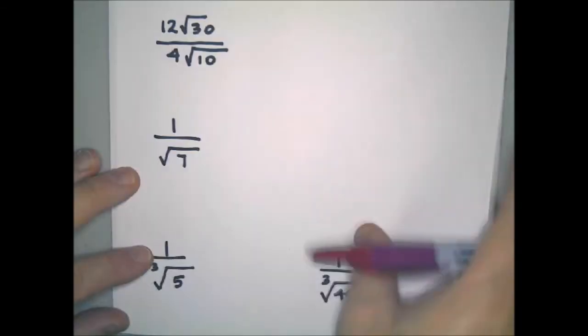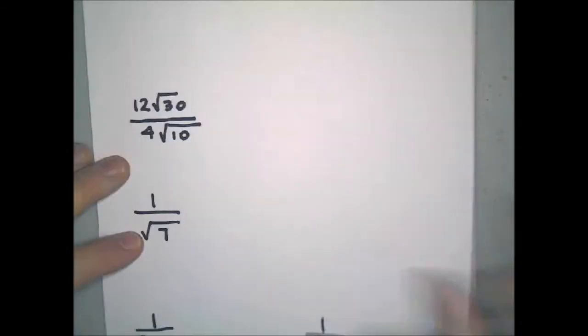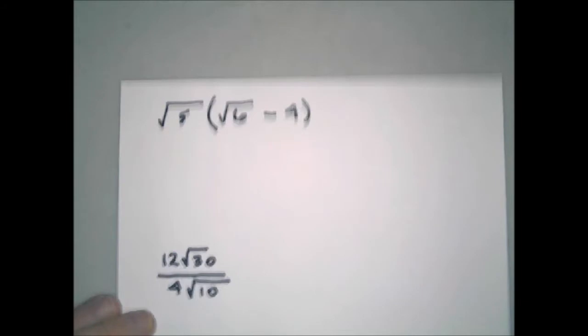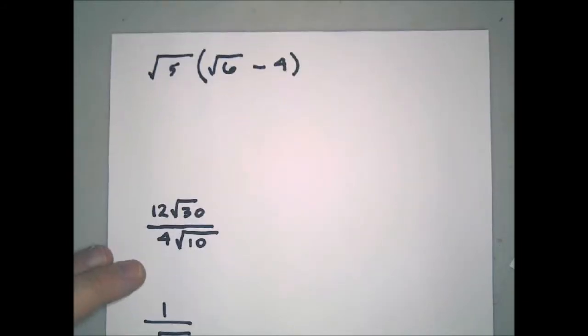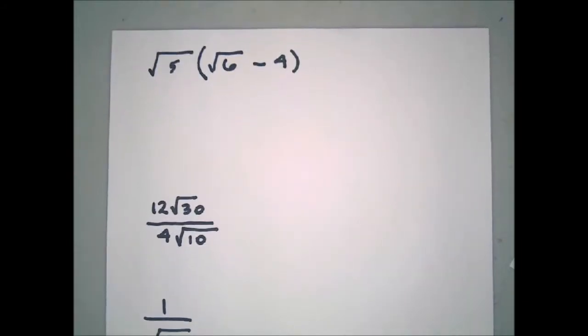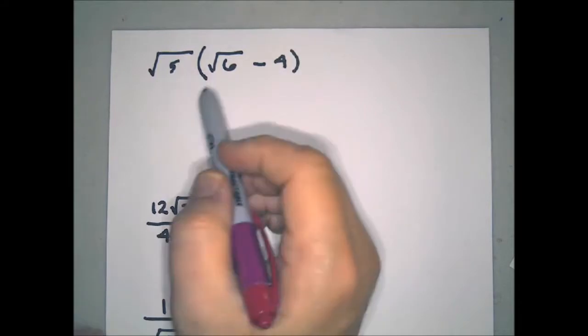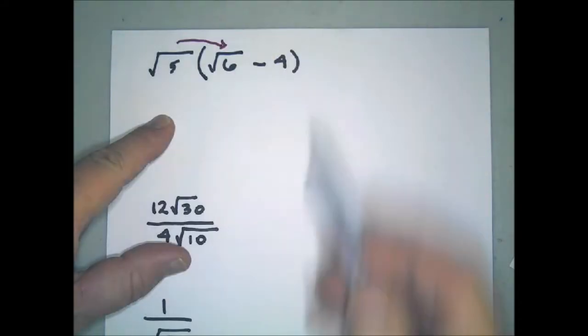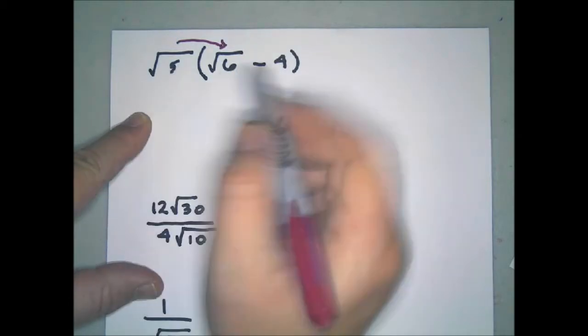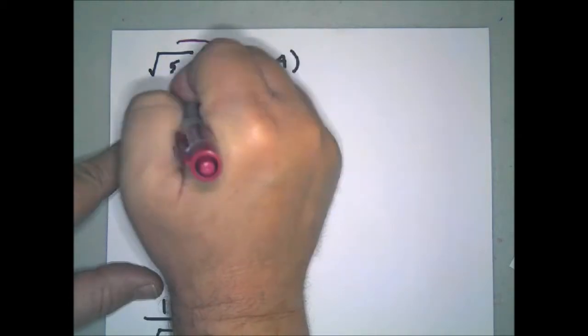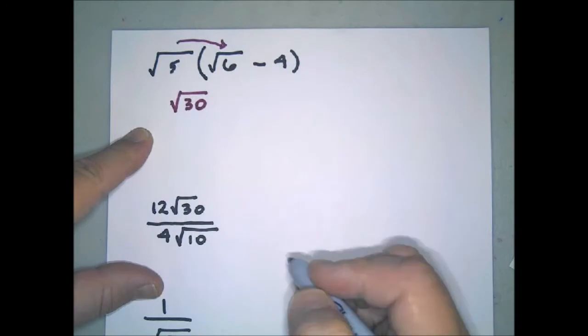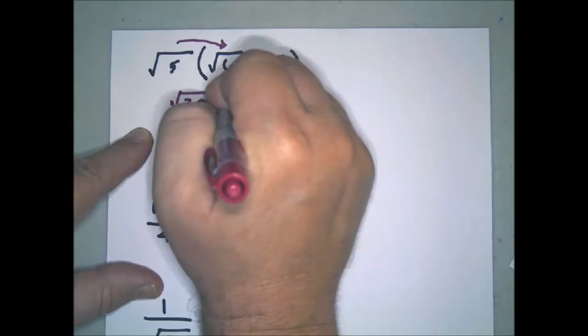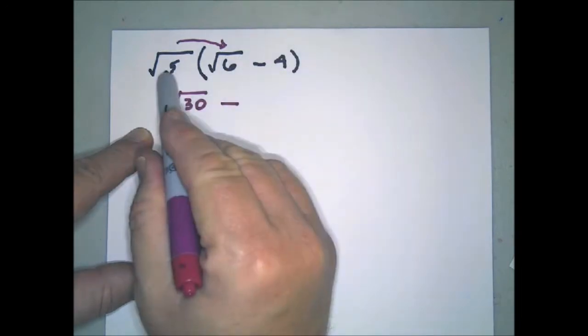These involve some more multiplication and division like you're going to see on your worksheet. This one's distribution. So square root 5 times square root 6, inside times inside stays inside, square root 30, minus, now square root 5 times 4.